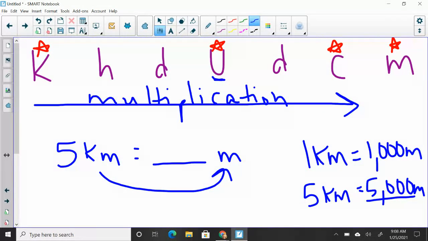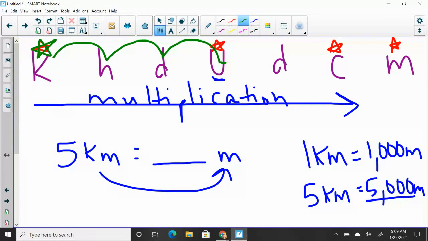So really all I'm doing is multiplying by 1,000, all right? If you think of it, I think on the video from last week, it was in a staircase, like stair steps. But really what I'm doing is I am multiplying by, get this green color. I'm starting here at kilometers, and I am multiplying by 10, by 100, by 1,000.